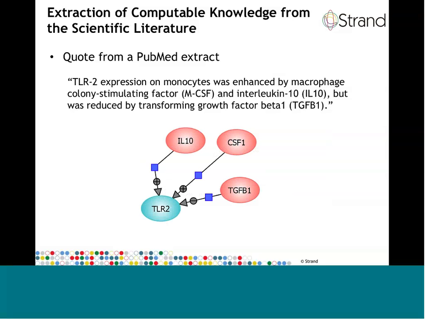Here the word expression is interpreted as a sort of regulation indicated by the blue box between IL-10 and TLR2. Enhanced is represented with the plus sign, and it also knows about the different spelling of the genes and proteins, so it can correctly identify MCSF as the same protein as CSF1.